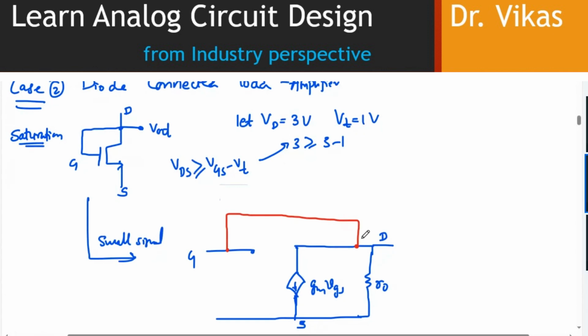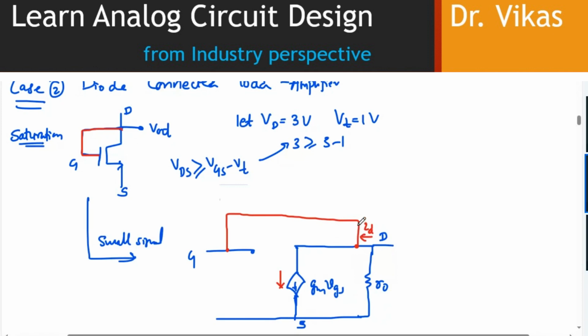That means the drain current that was flowing over here, ID, comes over here like this also. Because gate and drain are shorted, in my small signal model I did the same thing. So basically I have this particular thing.